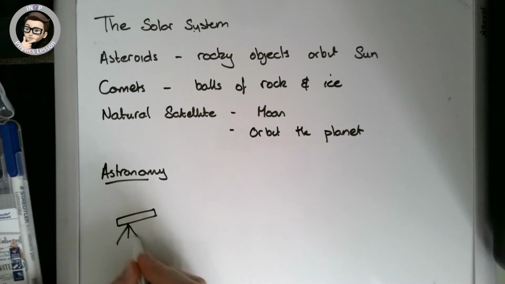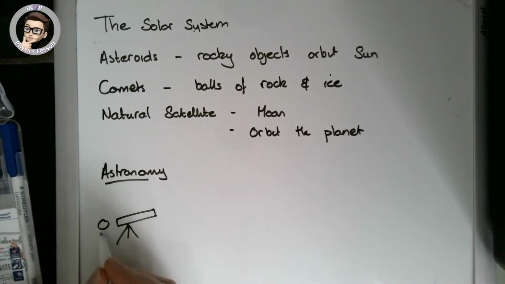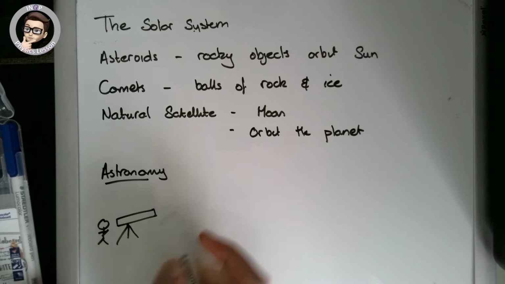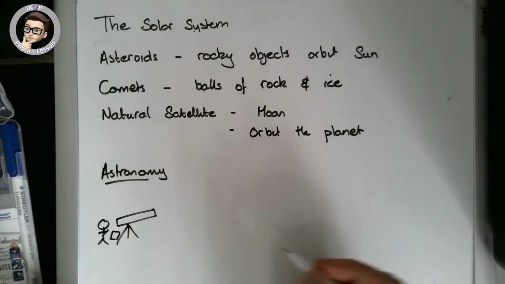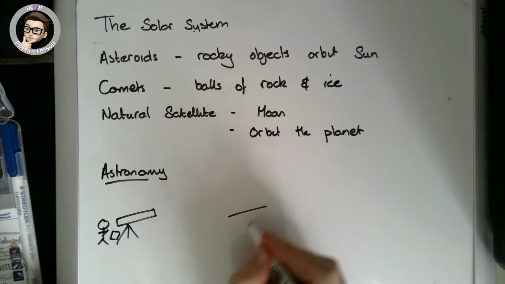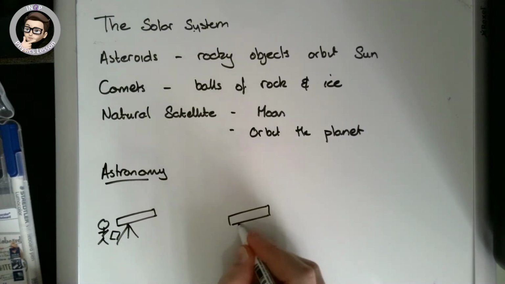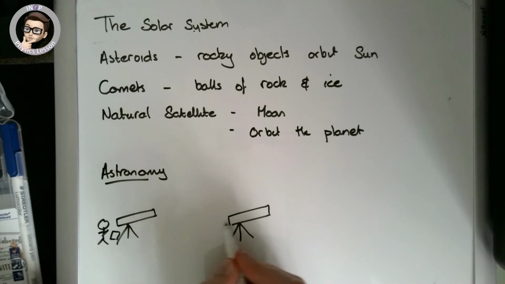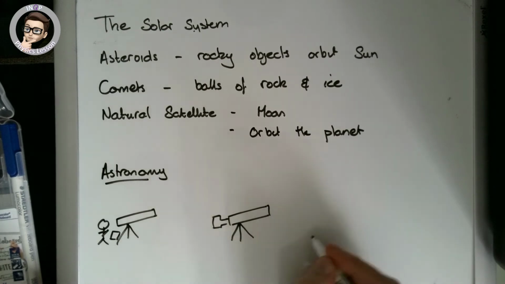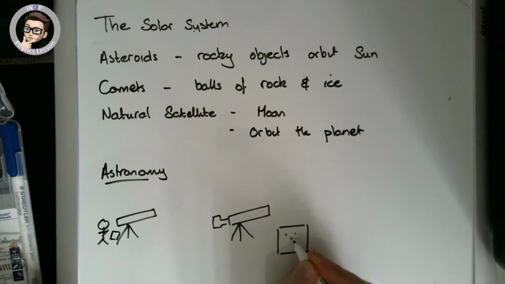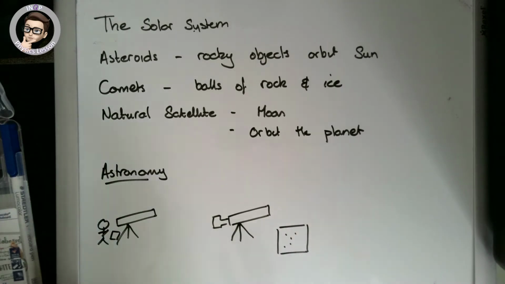So you would have Galileo, here he is, looking through his telescope, and he would draw down what he saw. So not very accurate. We go beyond that, and we might have still a telescope, but we have attached an old school camera, so photographic film, and they would then have to look at the photographic film to work out what has happened.